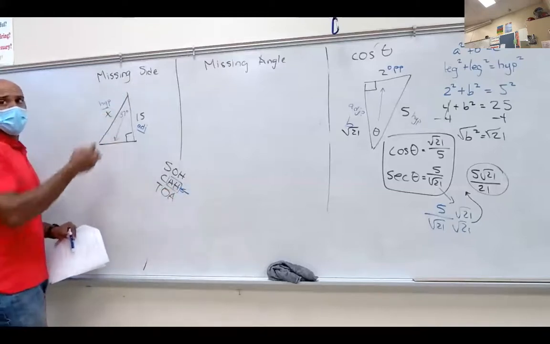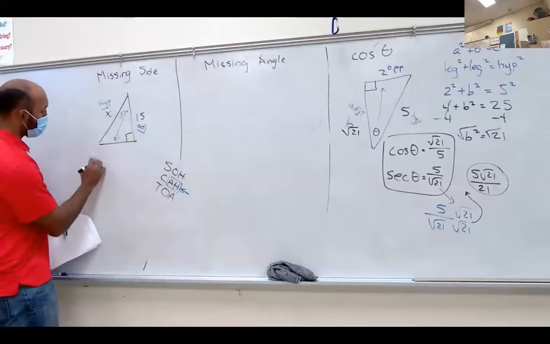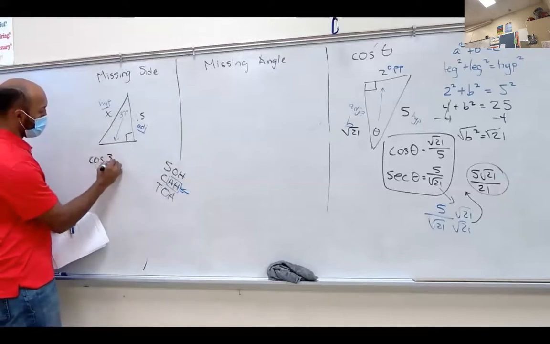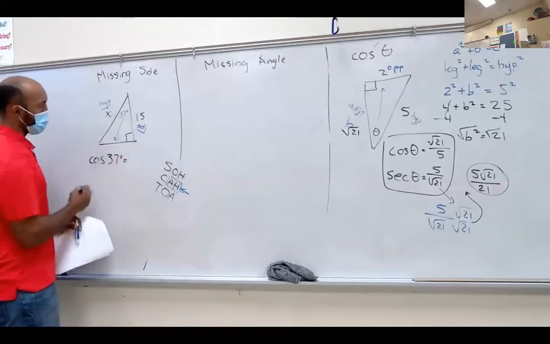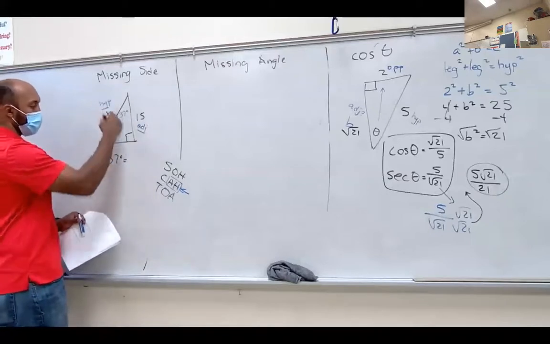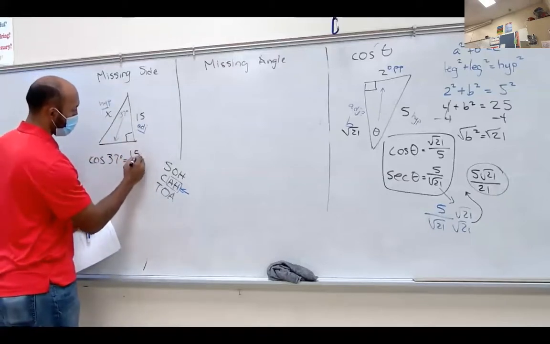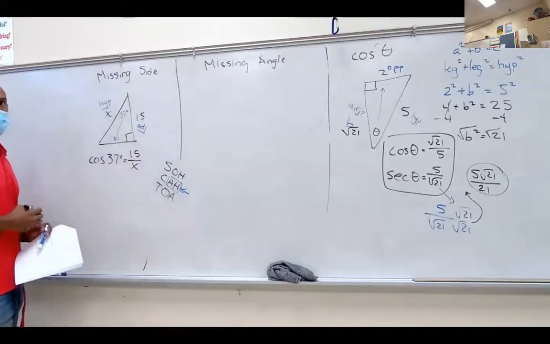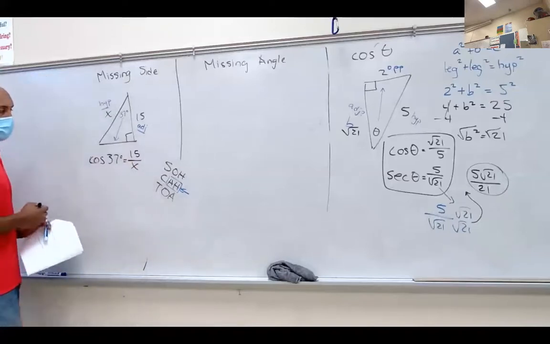And you do the same thing when you set up your missing angle. So cosine of the angle is equal to adjacent over hypotenuse. Now you gotta solve. Nothing goes under the cosine?